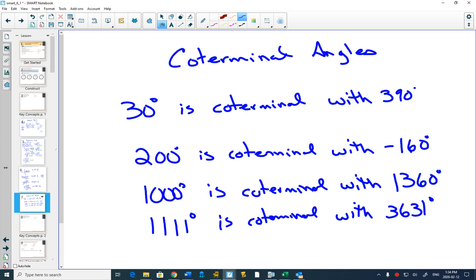That shouldn't help you whatsoever, but it's true. So the first three are somewhat helpful. The last one, not really helpful, but just for fun, there it is. So how can we tell if two things are coterminal? And what does it mean?